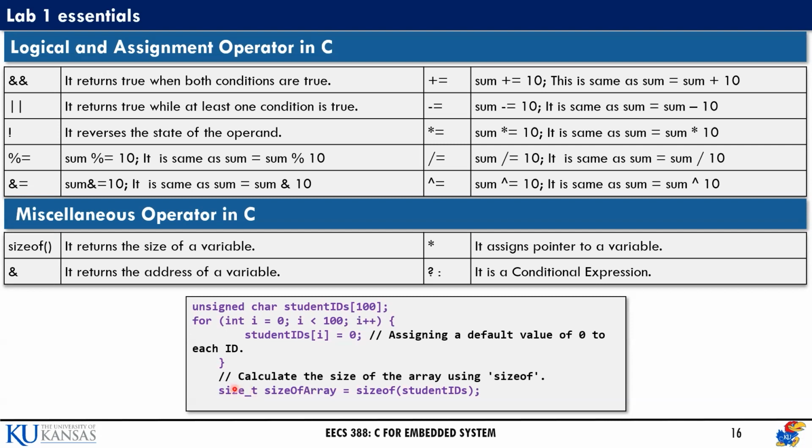So size_t basically tells you the maximum size of a number you can hold in a variable. If you have a 64-bit CPU, it can store a number that has 64 bits.